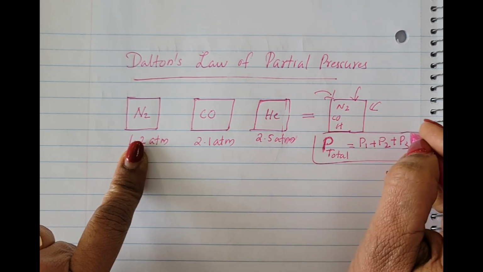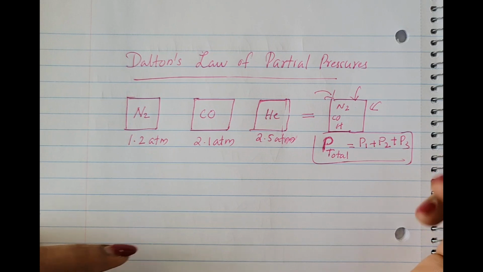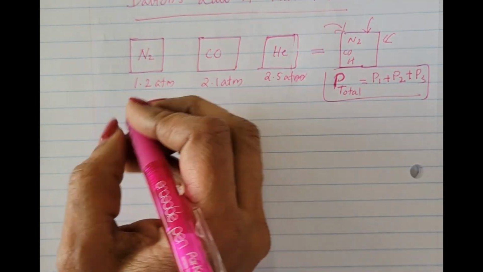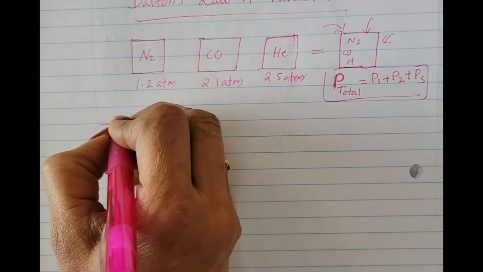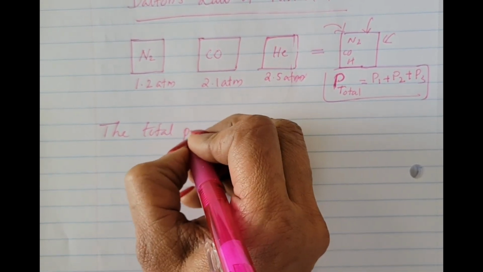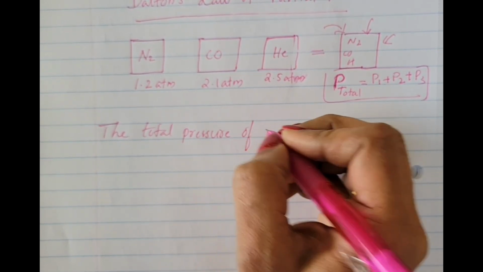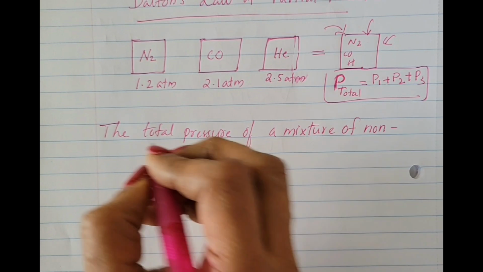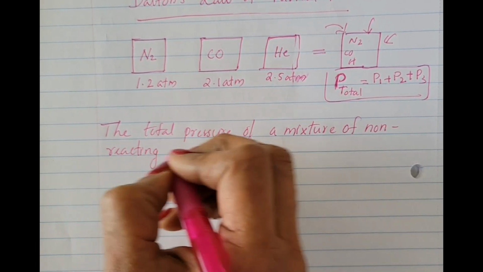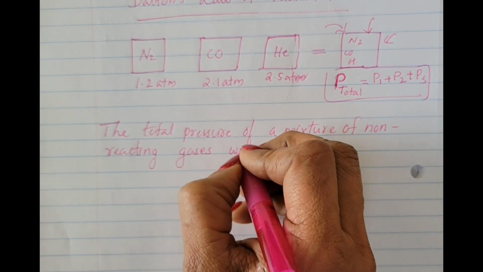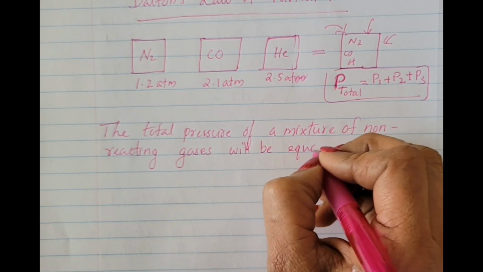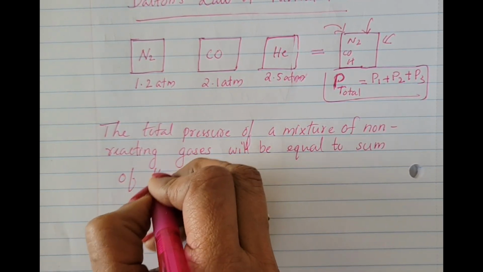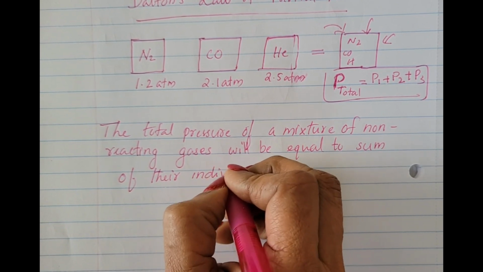Yay, we're done with the last unit. That is called Dalton's law. According to Dalton, the statement is like that: the total pressure of a mixture of non-reacting gases, they should not react, otherwise the problem will be different, will be equal to the sum of their individual pressures.